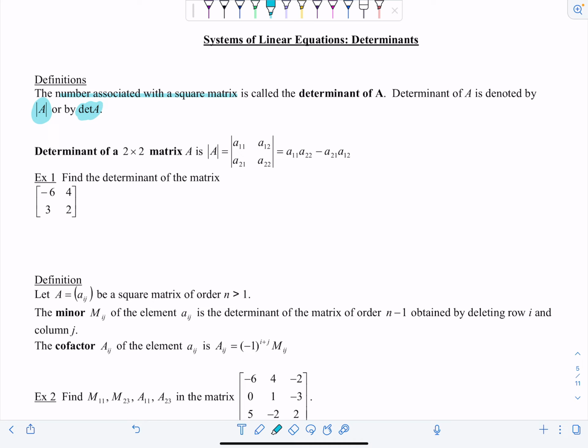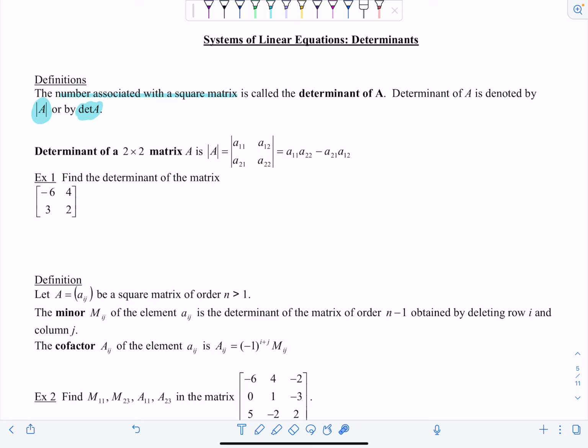So we're going to look at the most basic case first, how to find the determinant of a 2 by 2 matrix. So if we have the following 2 by 2 matrix A with entries labeled as follows. You see how in the upper left we have a11. That means that's the entry in the first row, first column. a12 means first row, second column. a21, second row, first column, etc. Second row, second column.